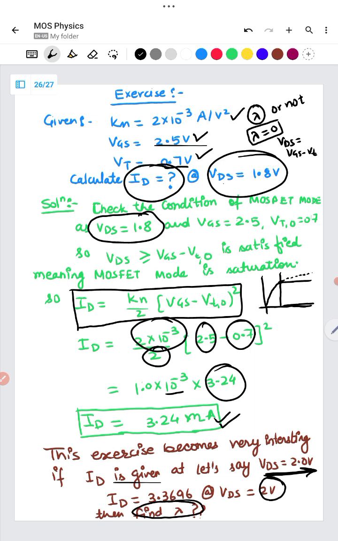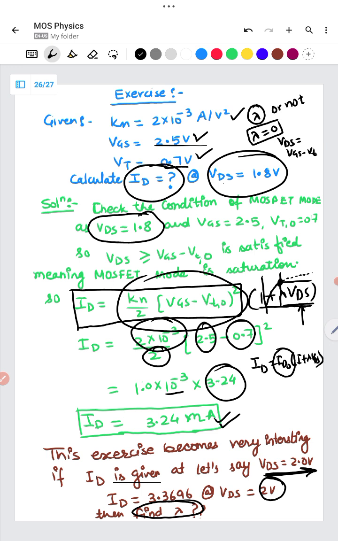We have already found the ID naught. We know that ID equal to this ID naught times (1 plus lambda VDS) at some higher value of VDS. This is the equation. What is ID naught?